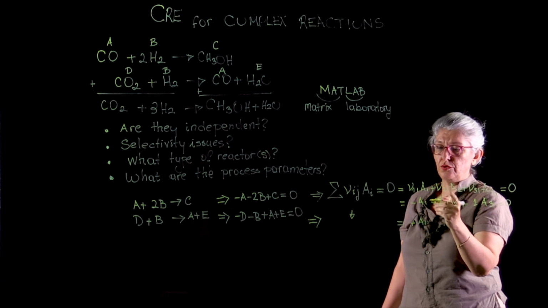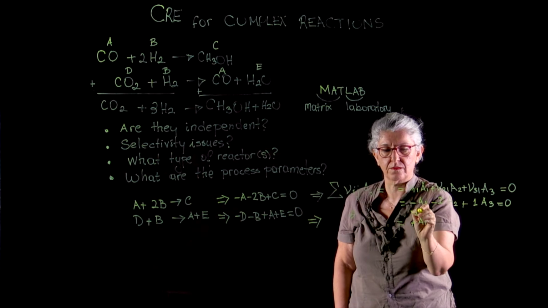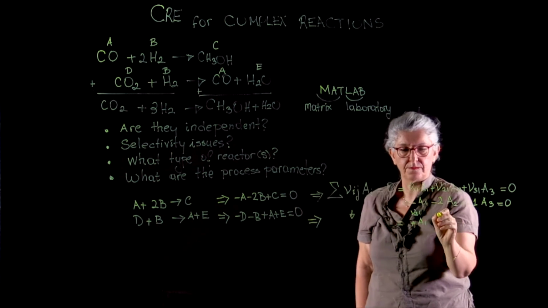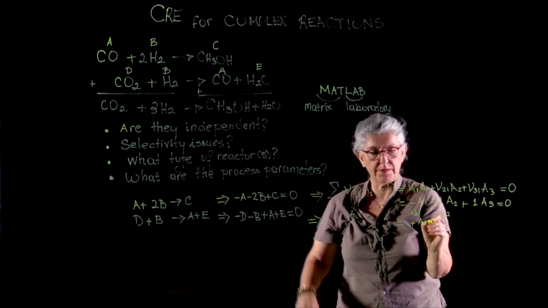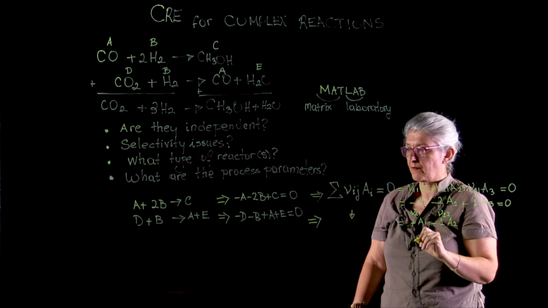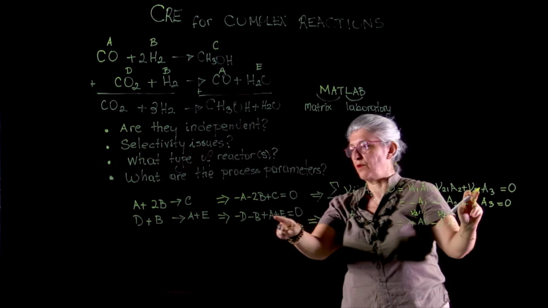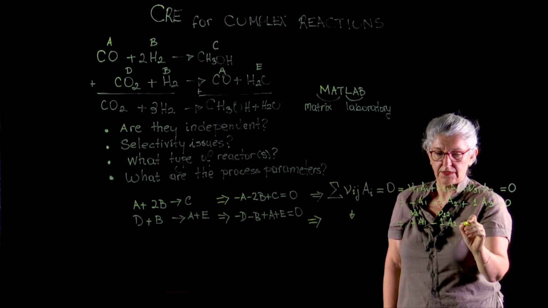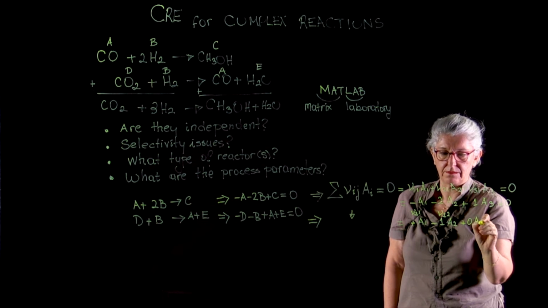Nu 2 2, component 2 is B. B has minus 1 as the reaction stoichiometry, A2. Nu 3 2, the third component is C, and we don't have it here. Let's just put it 0 times A3.